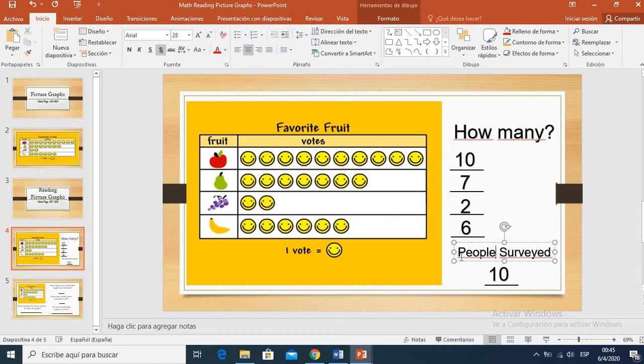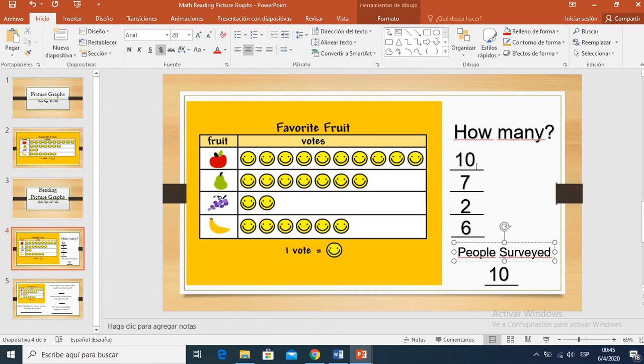My second question is how many people were surveyed? That means how many people in all like all of the fruits? Okay? We're not going to count only the apples. We're going to count all of the happy faces because these are the votes of all the people that were surveyed.